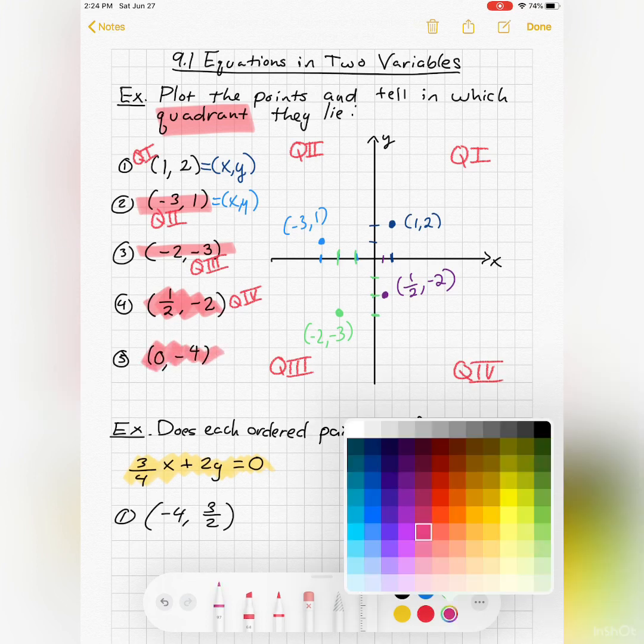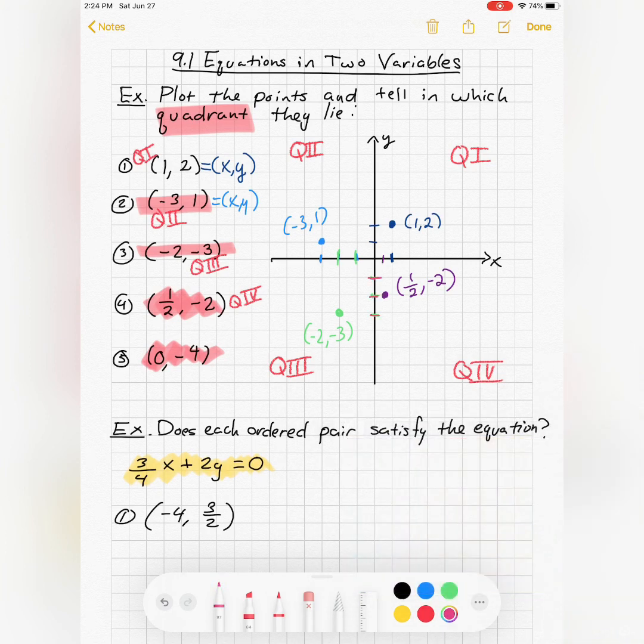Last one. The x is 0. The y is -4. So we don't go left to right, but we just go down 4. So that guy is not actually in a quadrant. So I would say it's actually on the y-axis.